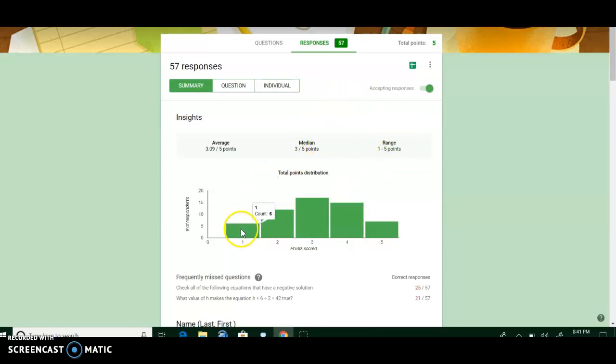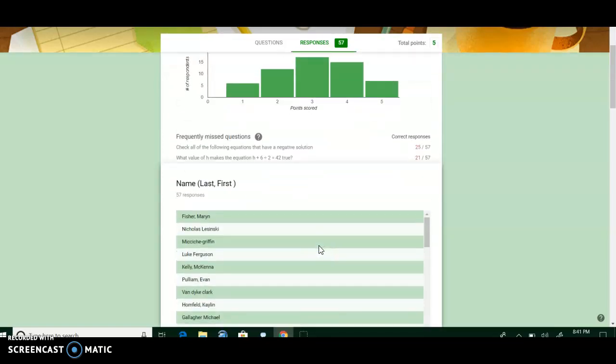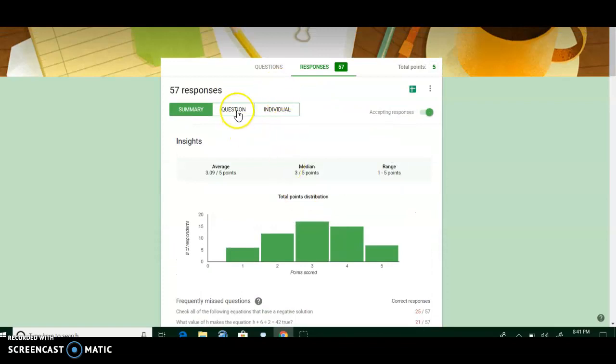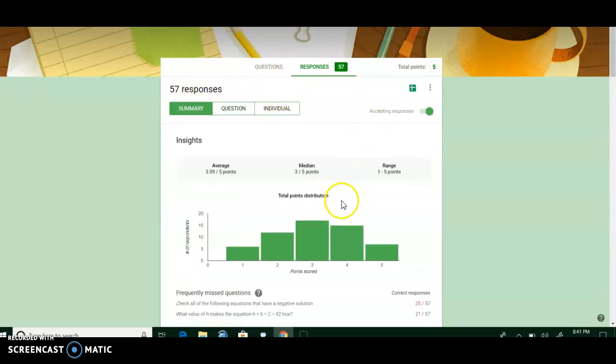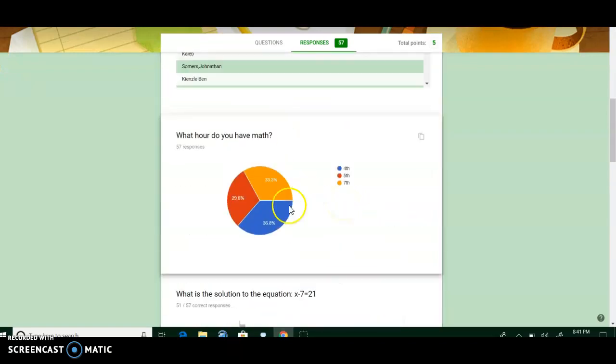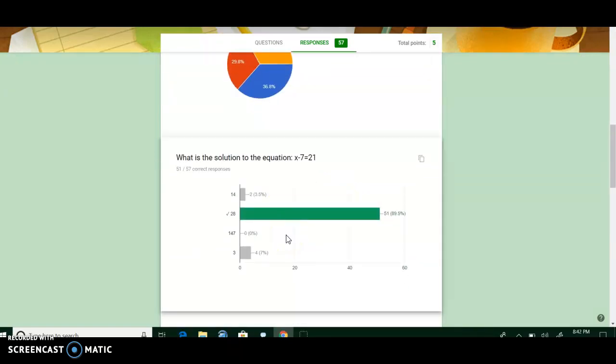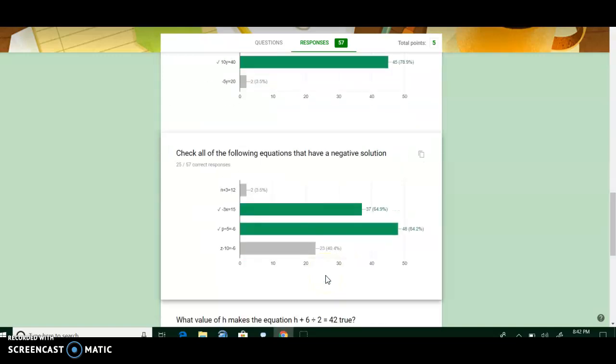So we can see this is 6 students got a 1 out of 5 on this one. The majority of the students got a 3 out of 5. And then we can go down and look at individual responses. So this feedback shows exactly how many students missed it, and it displays that information nicely.